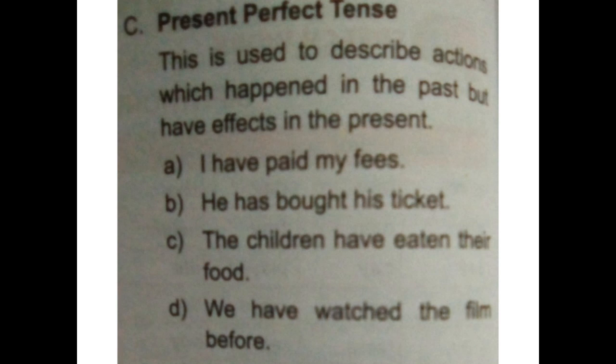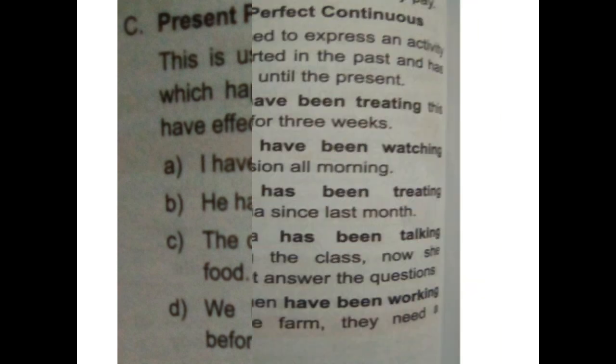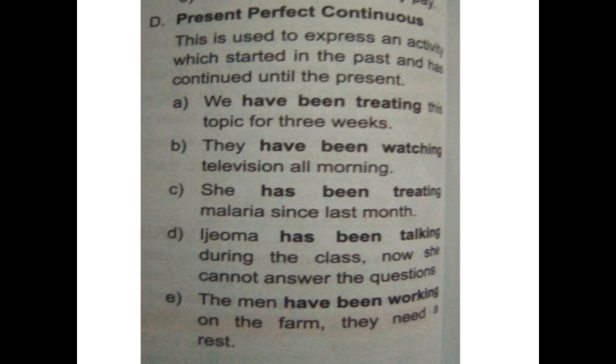We move to present perfect continuous tense. A present perfect continuous tense, we are going to look at when we are supposed to use it. This is used to express an activity which started in the past and has continued on to the present.